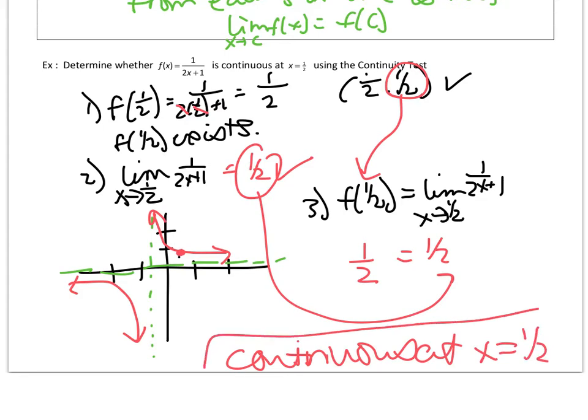Now keep in mind, they said at 1/2. They didn't say everywhere, because we know that it's not going to be continuous at -1/2. If I had changed this problem to x equals -1/2, that would be a very different scenario, because if I plug in -1/2 here, you would have gotten an undefined. So you have to be careful which one they ask you for. Just because the function is not continuous doesn't mean that it's not continuous at a certain point.